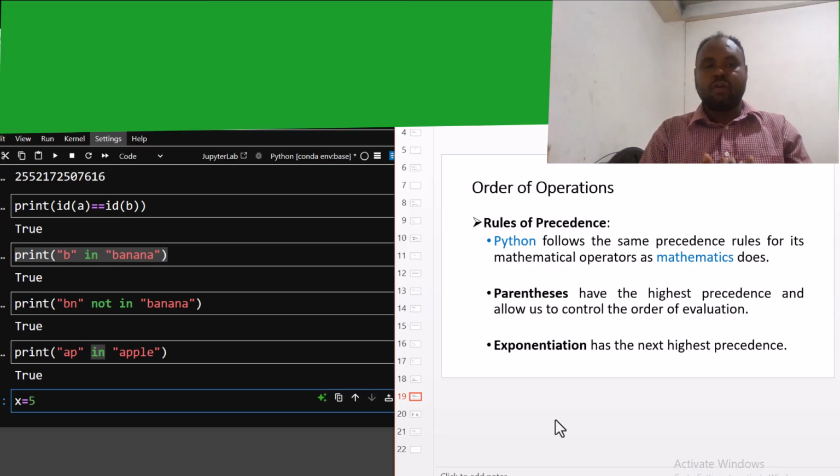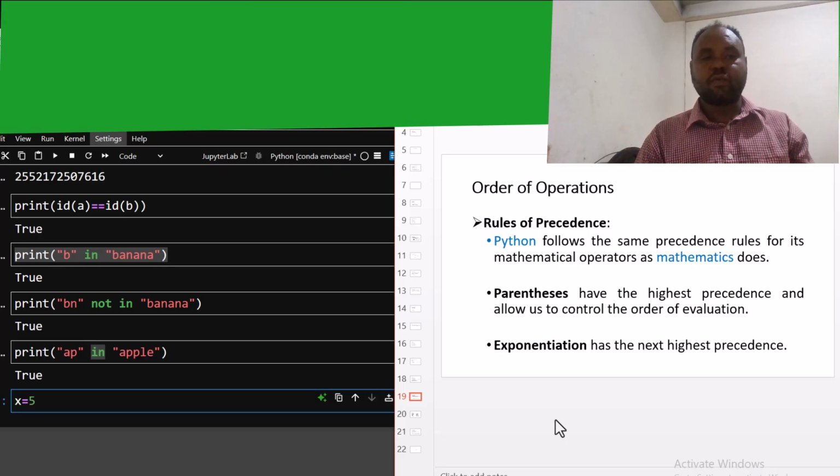So, stemming from that understanding, Python takes this into effect. As usual, parentheses have the highest precedence and allow us to control the order of evaluation. If there is an expression in parentheses, that should be evaluated first. If there is exponentiation, it takes the highest precedence next to parentheses.